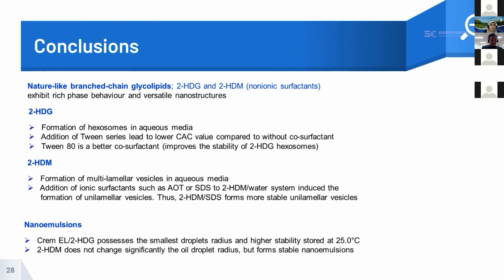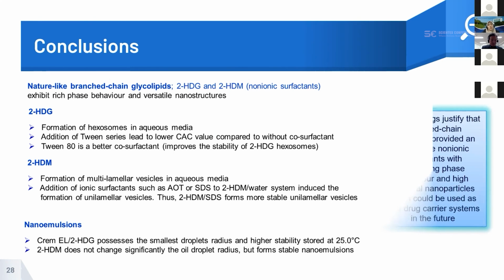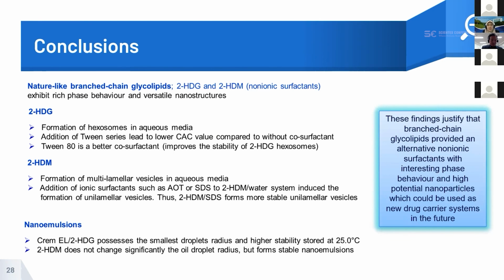Finally, the nanoemulsion possesses the smallest droplet size when the reference system Cremophor EL is mixed with 2-hexadecyl glucoside, with the highest stability. These findings justify that branching glycolipids provide an alternative non-ionic surfactant with interesting phase behavior and high potential for nanoparticles, which could be used as a new drug carrier system in the future.